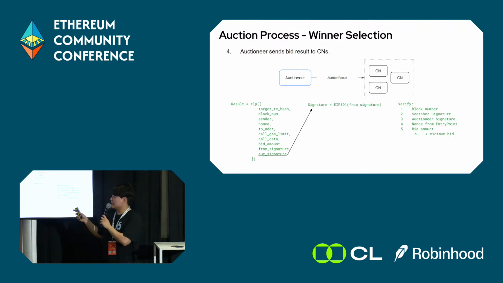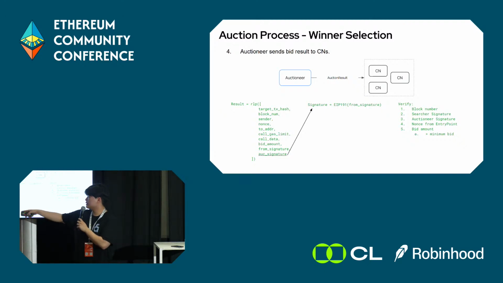And after the auction interval, we estimate the auction interval to be like 150 milliseconds to 250 or 300 milliseconds. We are testing it currently. Anyway, after the auction interval, they will send the winner's bid to the validators, and the result will be RLP encoded data.